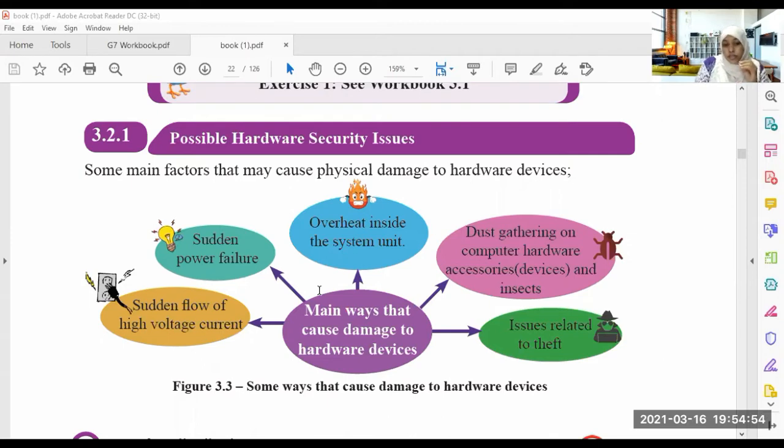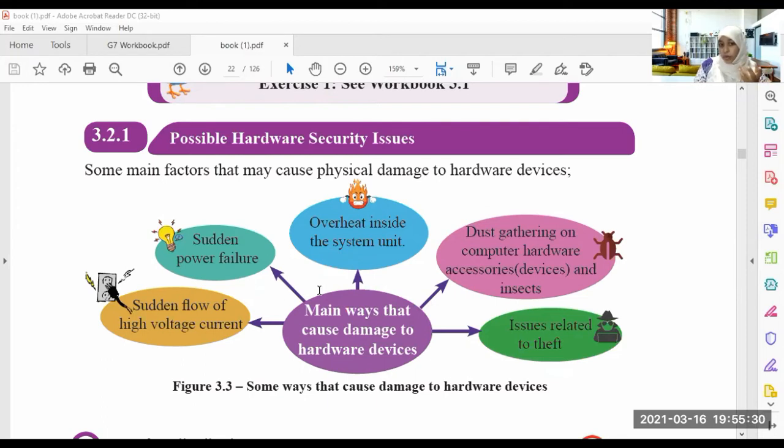Right. So the sudden flow of high voltage current is a main way that causes damage to hardware devices. For example, each and every device of the computer, or whatever electronic device, has its own specific voltage amount. If we buy a blender or a grinder, it has its specific voltage amount, okay?